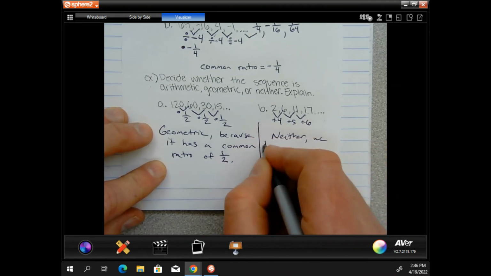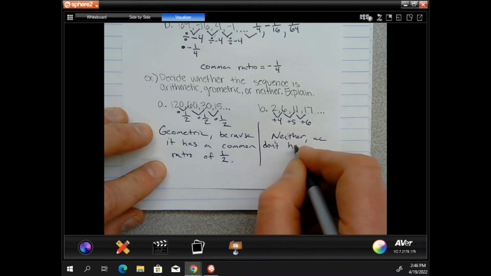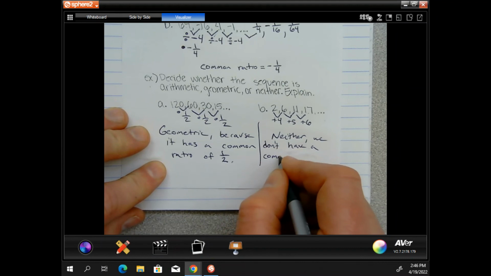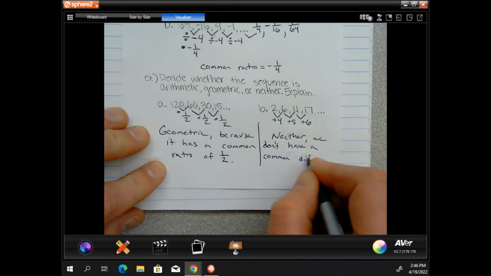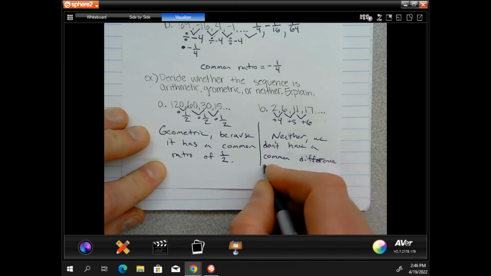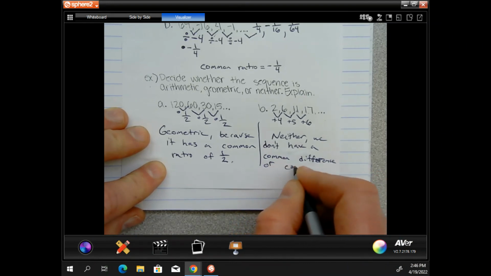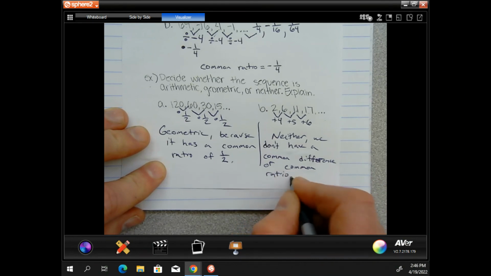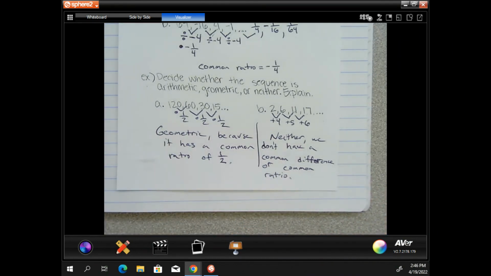We don't have a common difference or common ratio. And those are all of our notes for target 1.